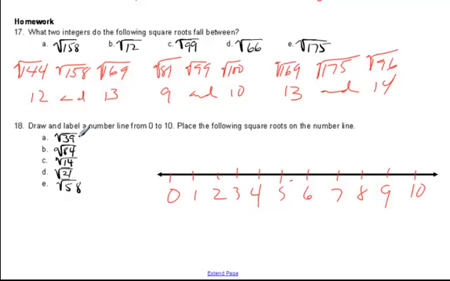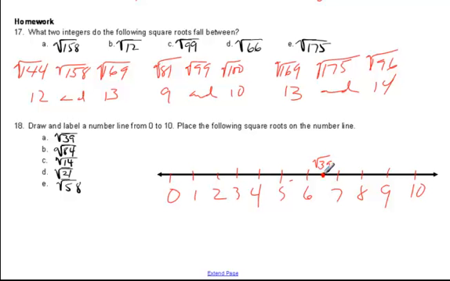No, can't. So it's between 36 and 49. Because you can't skip one. So what's the square root of those? 6 and 7. So the square root of 39 is between 6 and 7.